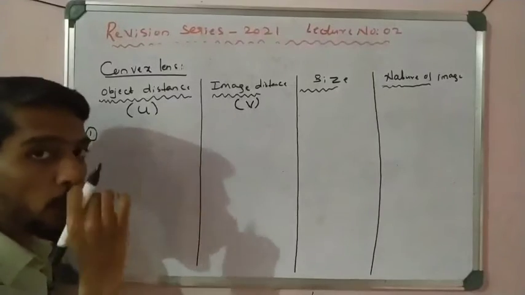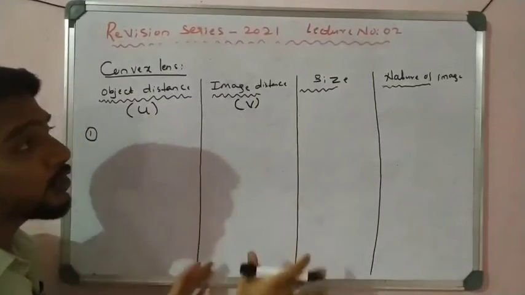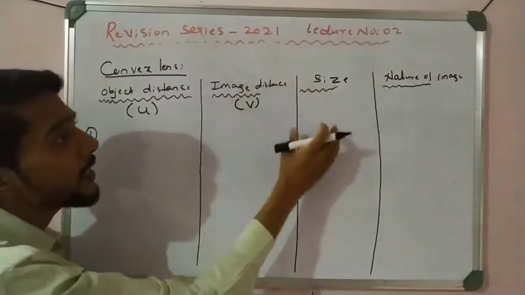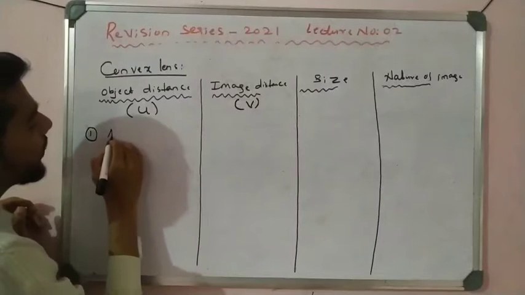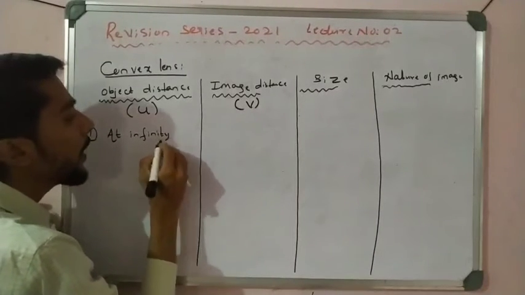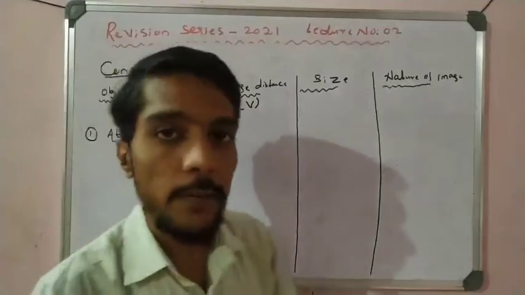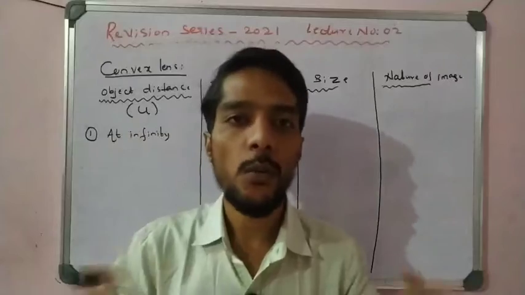First you take all the positions here: what is the position, what is the size and what is the nature. Let us see. If I take the first case at infinity and put an object, maybe a candle, a battery, a car, anything.